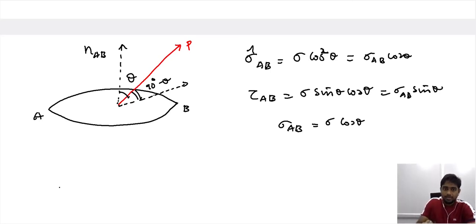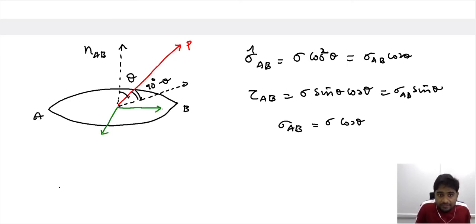So now we want to have a relation that helps us describe the shear stress, the stress acting on this plane AB, not only in this direction but in all directions. So therefore we need to introduce a frame of reference along the surface, so it can be like this.